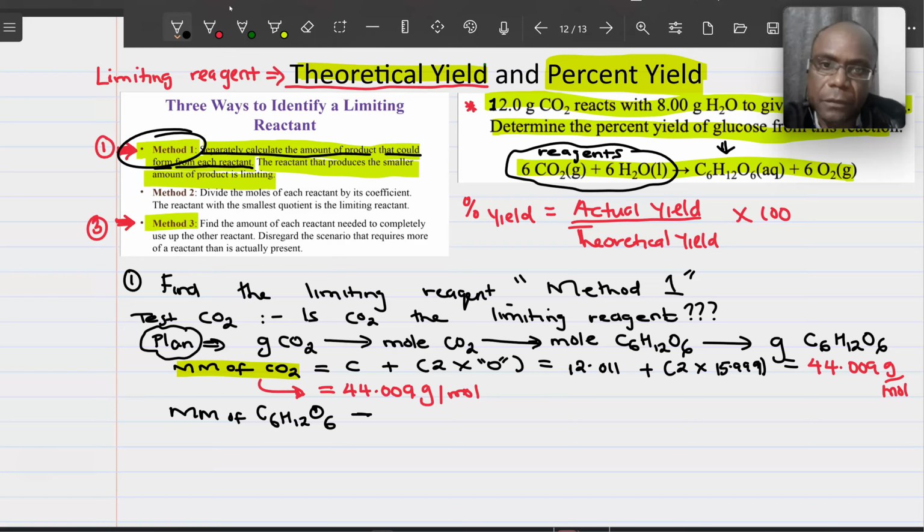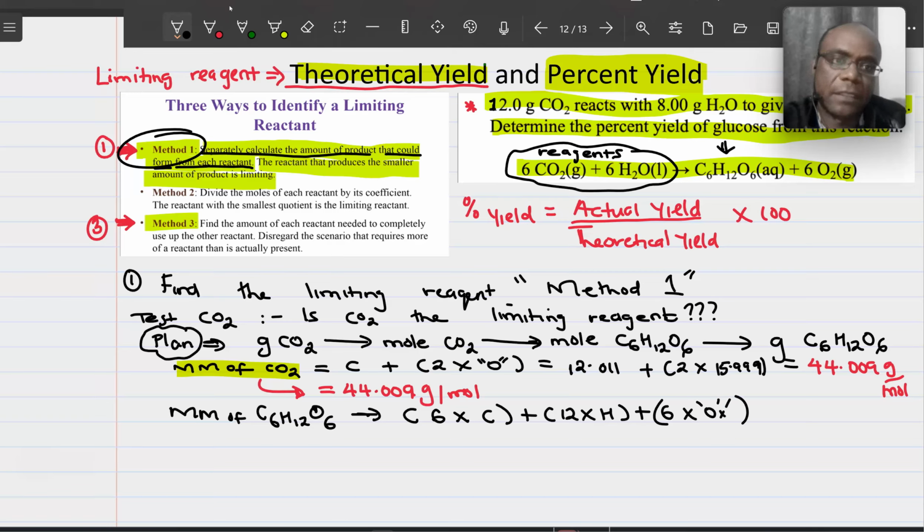So for glucose, we'll have to multiply 6 times the atomic mass of carbon, plus 12 times the atomic mass of hydrogen, plus 6 times the atomic mass of oxygen, the 6 oxygens.